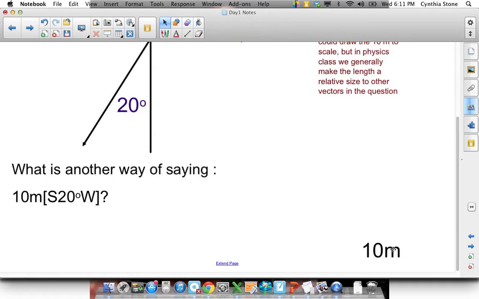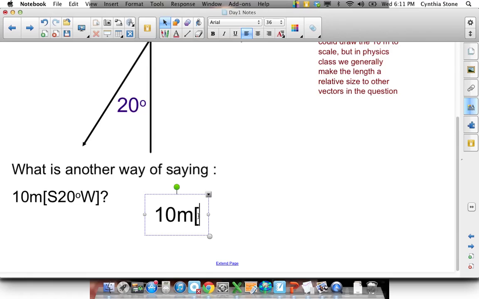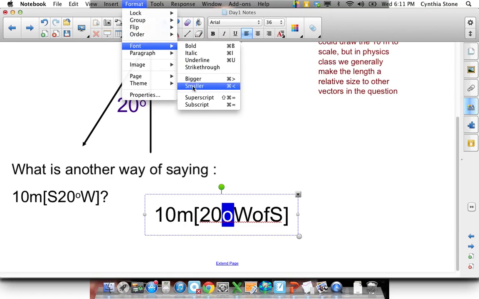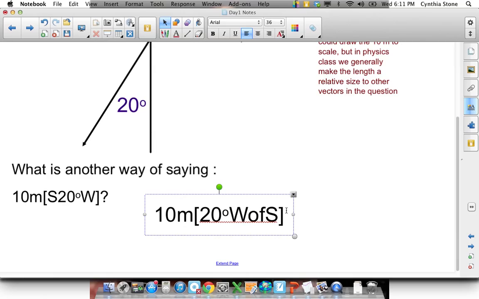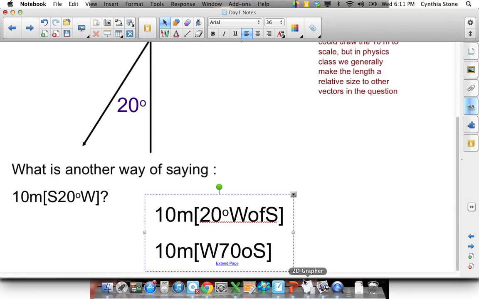Okay, so some other ways to say that. I might say 10 meters, 20 degrees west of south would work. I could say 10 meters, how about west, 70 degrees south would be another one.